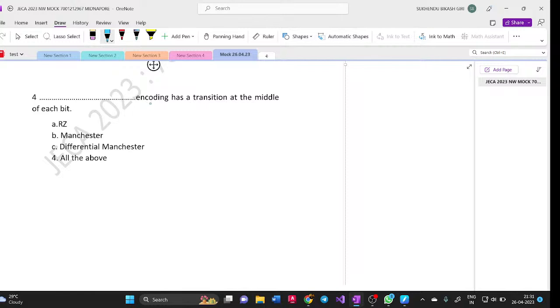For the question asked, dash encoding has transition at middle of each bit. That means if we have amplitude and time domain, then the transition is taken as a middle of each bit, like this.